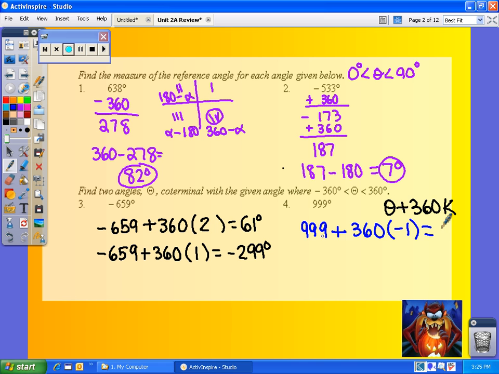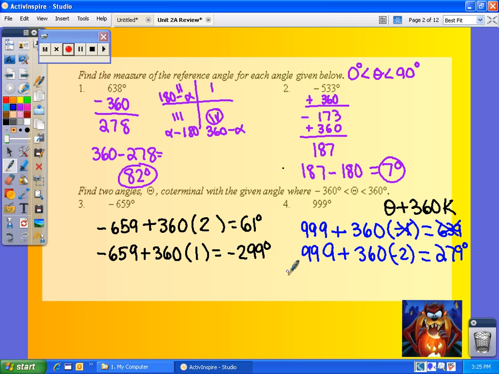That gives me 639. That does not work. So I'm going to try negative 2. That gives me 279. That works.